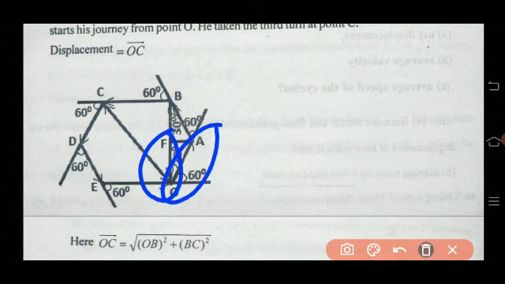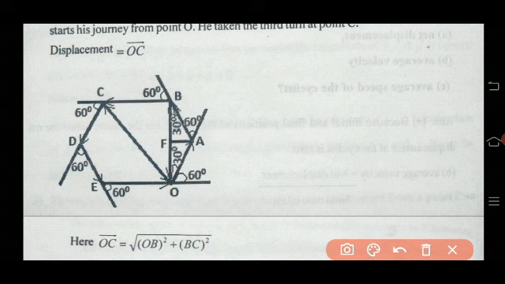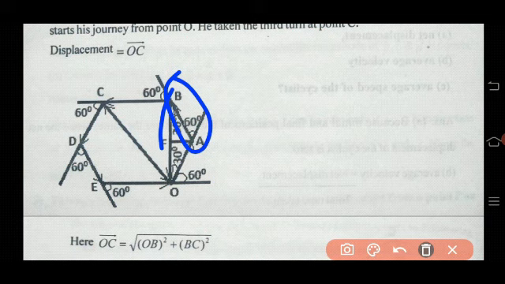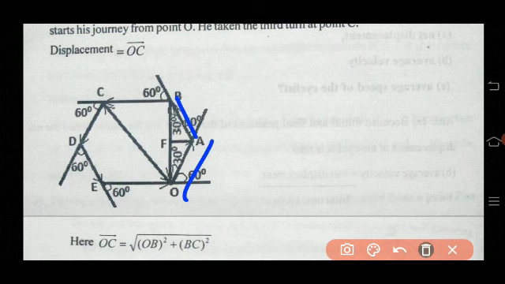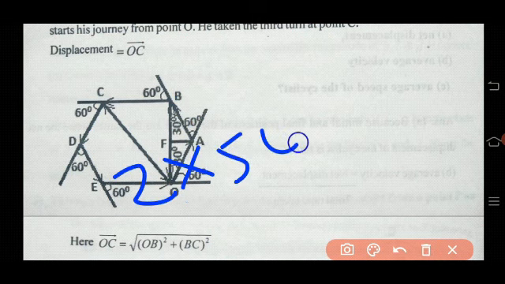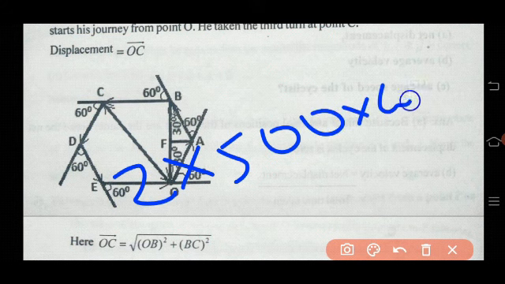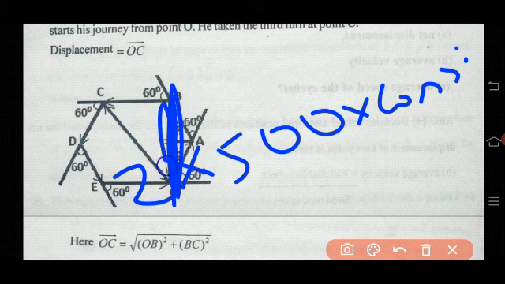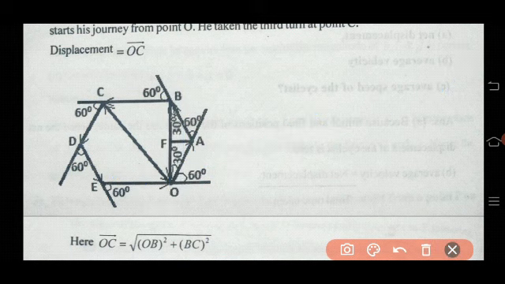It is nothing but OA cos 30. Then FB is nothing but AB cos 30, as I explained in the earlier case. Since AB and OA are same, you can write 2 times 500 into cos 30. That is the magnitude of this displacement OB.